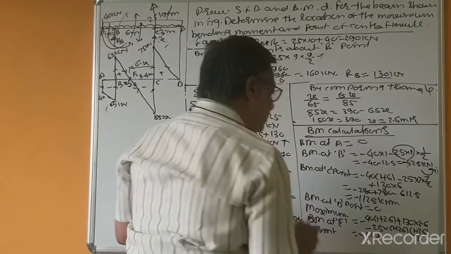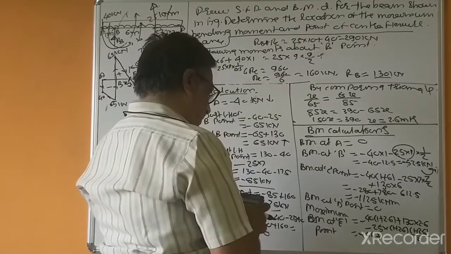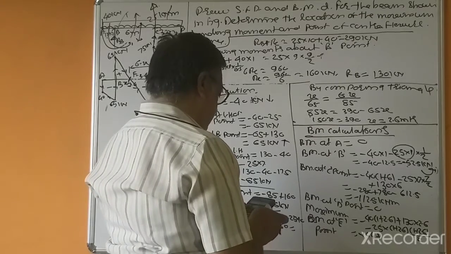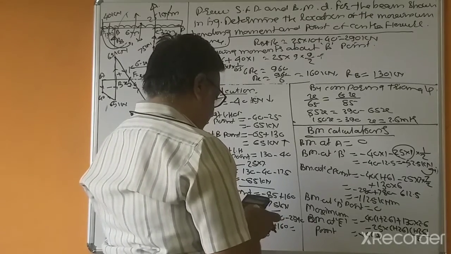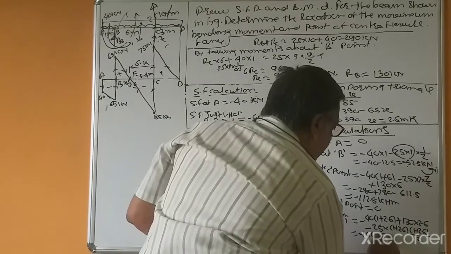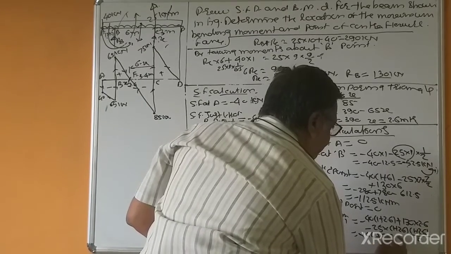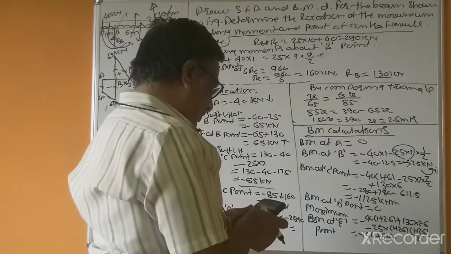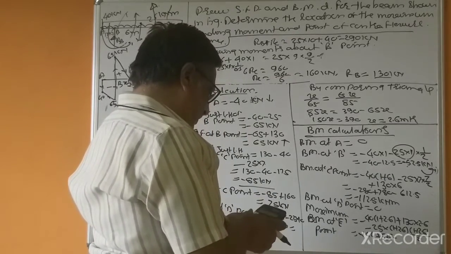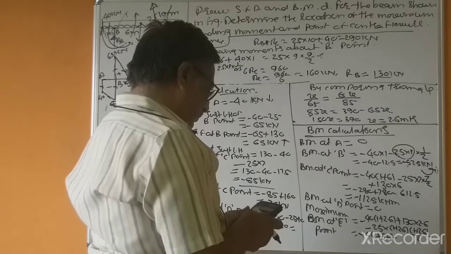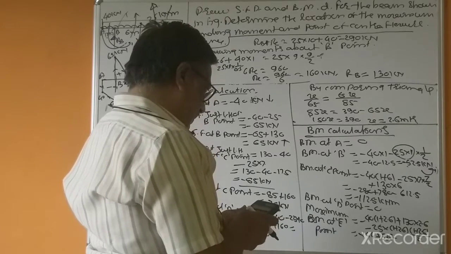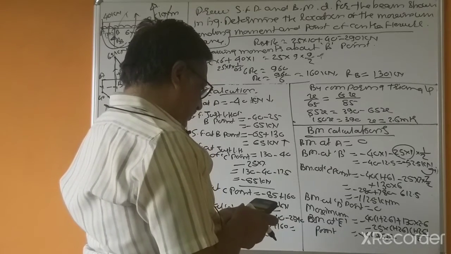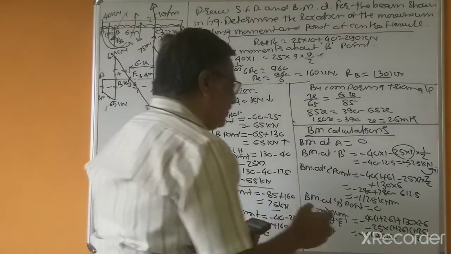Plus 130 into 2.6, this is 338, minus 3.6 squared divided by 2 multiplied by 25, 168.